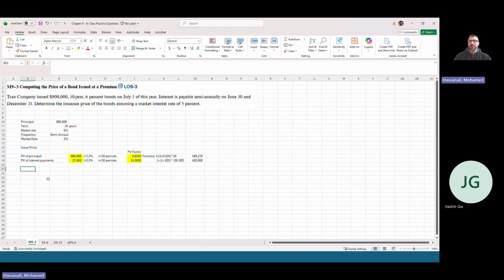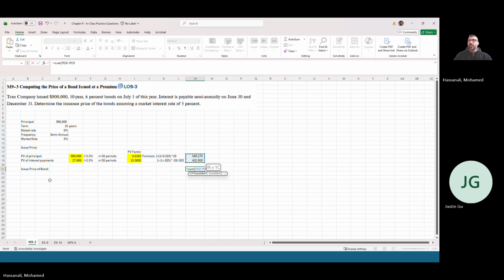So our present value, or our issue price of the bond. Before we calculate this total here, we want to first think about what we expect this number to be. Our face value is 900,000. The market rate is 5%, but the actual stated rate is 6%.